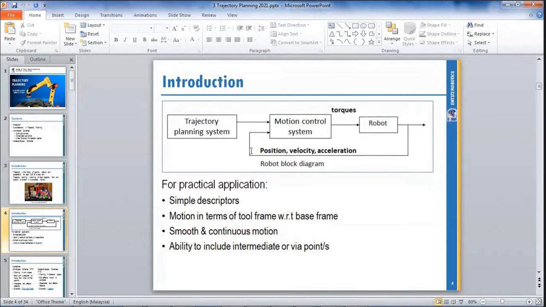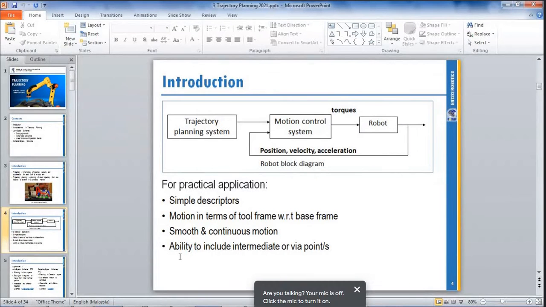This is an example block diagram of a control system for trajectory planning. In the motion control system, this is your robotic arm, and then you have feedback from your sensor encoder to measure your position, velocity, and acceleration, going back to your motion control system to control your actuator, your robotic arm. When we use trajectory planning, we can control your robotic arm in a smooth and continuous motion.